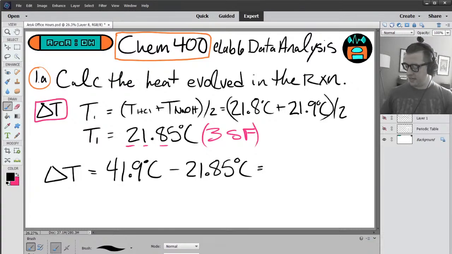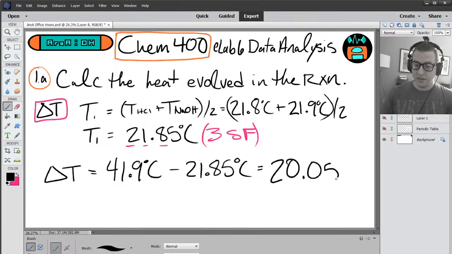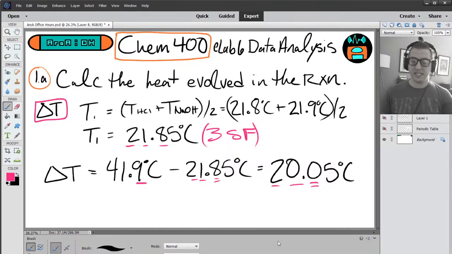Taking the difference, 41.9 minus 21.85, my calculator is telling me that my answer is 20.05 degrees C. Sig figs wise, for both of these numbers, our last significant digit is in the first decimal place, so this number also has its last significant digit in the first decimal place.